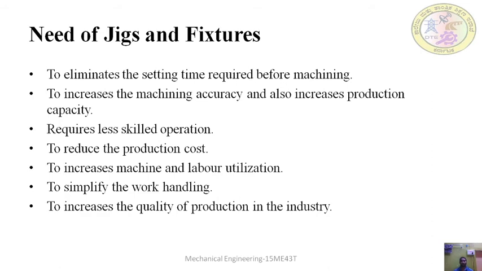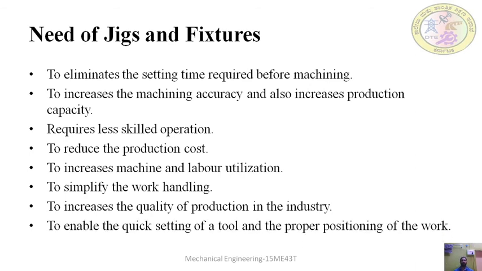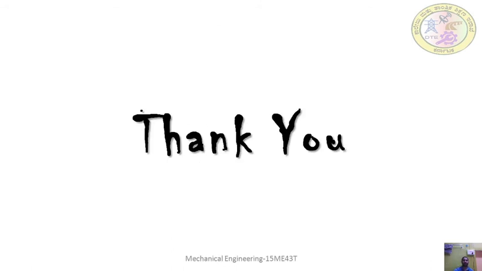If the machine is doing the operation automatically using jigs and fixtures, we can utilize that labor in other places. So we can increase the labor utilization, simplify the work handling, increase the quality of production in the industry, and enable quick setting of the tool and proper positioning of the work.